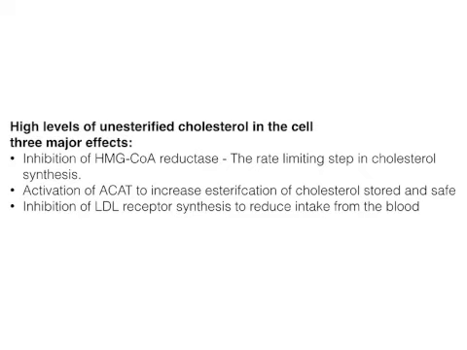The second thing is the activation of ACAT. This increases the esterification of cholesterol so that it can be stored, which is much more safe. Third is the inhibition of LDL receptor synthesis to reduce the amount of LDL receptors that are on the cell surface and thereby reduce the intake of LDL particles from the blood.